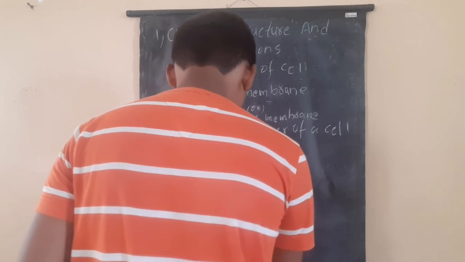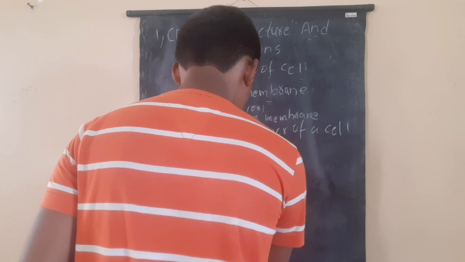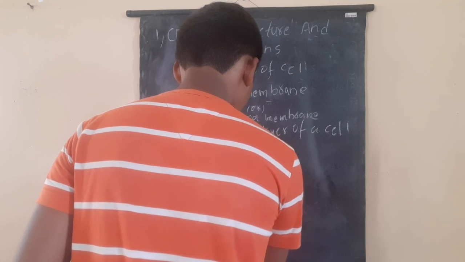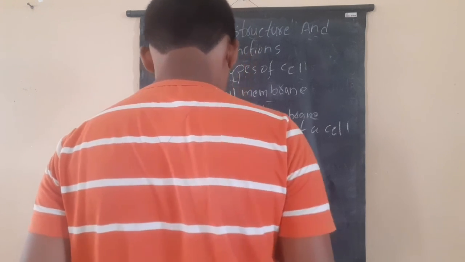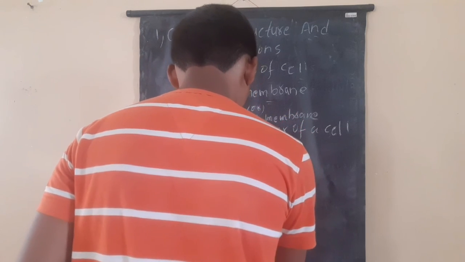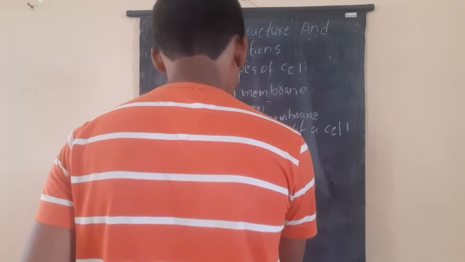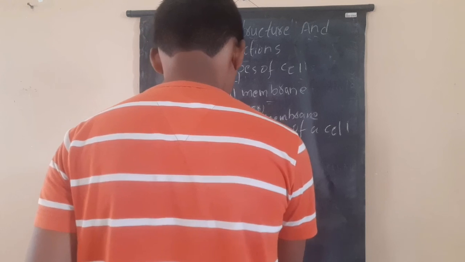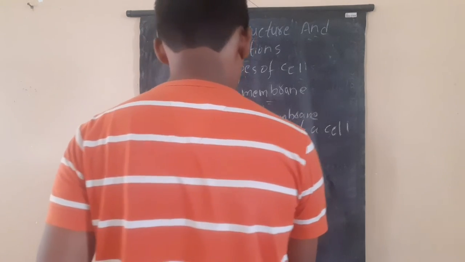This is only a rough diagram. The dots in the middle are also called cytoplasm.